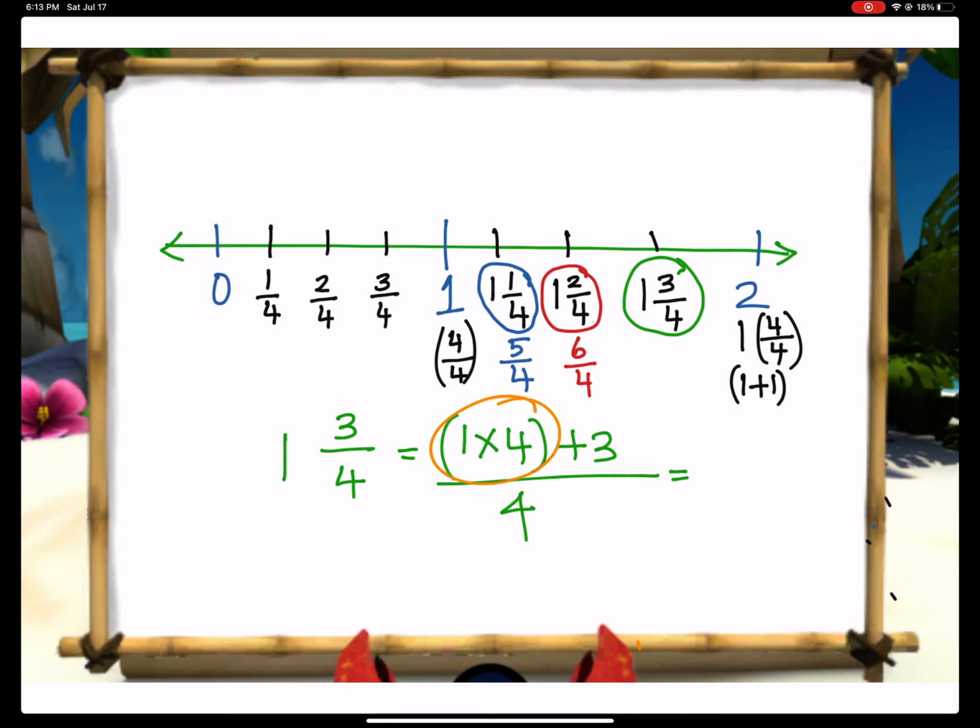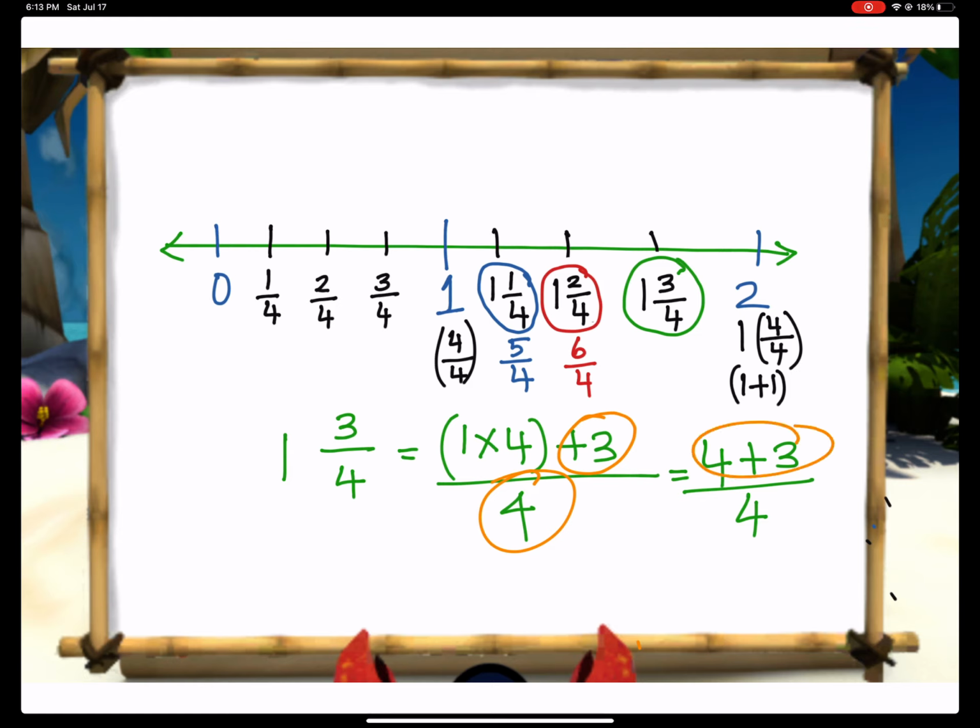Okay, so what is 1 times 4? 1 times 4 is 4, and then we have to add this 3, so we write plus 3, and then divided by the denominator 4. So what is 4 plus 3?